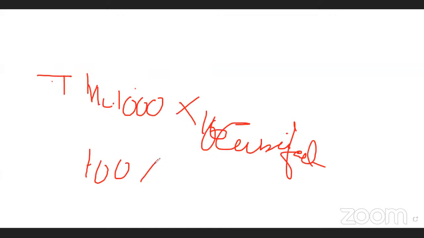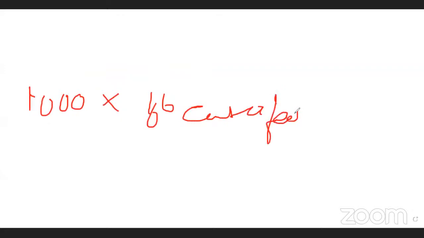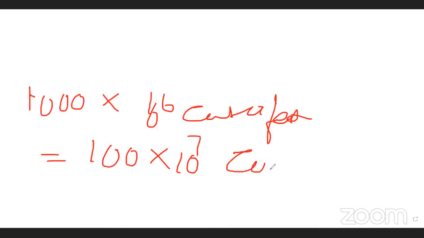Why? Because 100 into 10 to the power of 7 is nothing but 1,000 into 10 to the power of 6, cubic feet. 10 to the power of 7 is nothing but 1 crore.